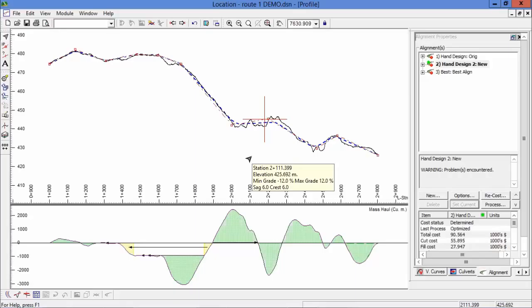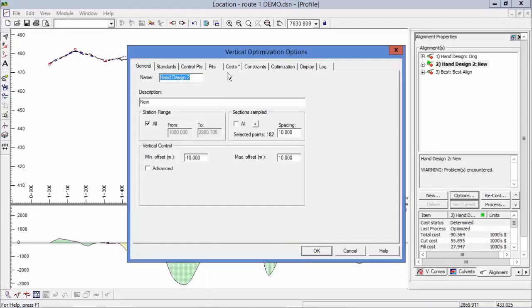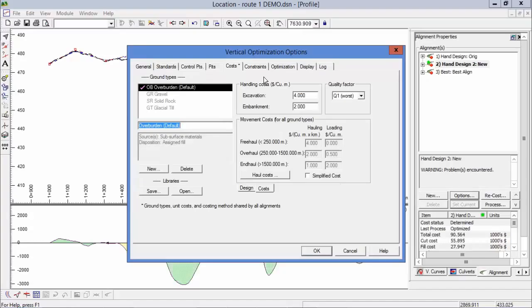So what we have done with Softree Optimal is we have come up with a quantitative measure to compare two alignments, and the natural quantitative measure is, of course, the cost of building the corresponding alignment. The cost we are considering for comparing alignments is really the core construction cost.